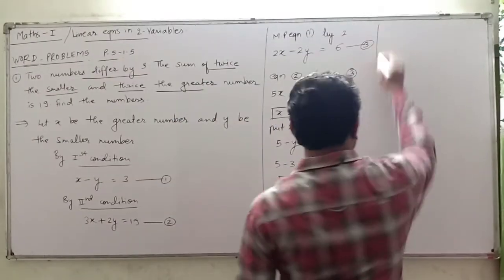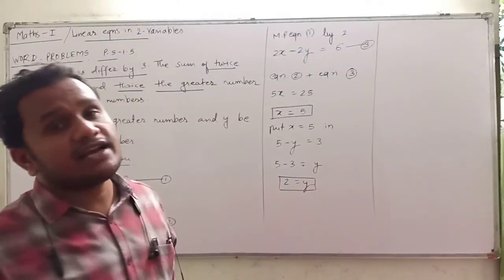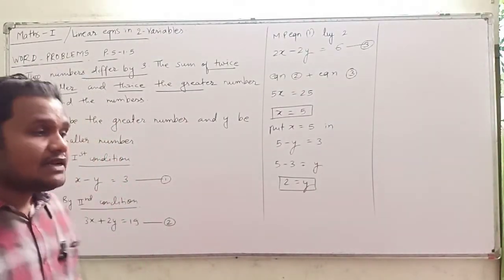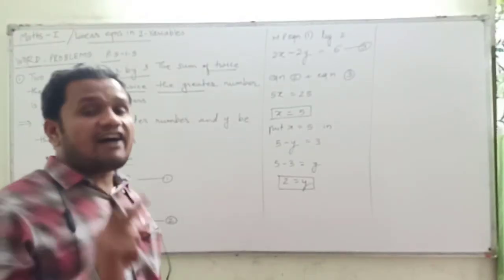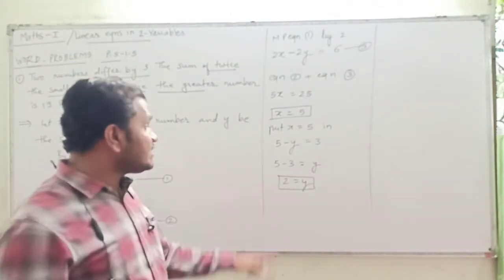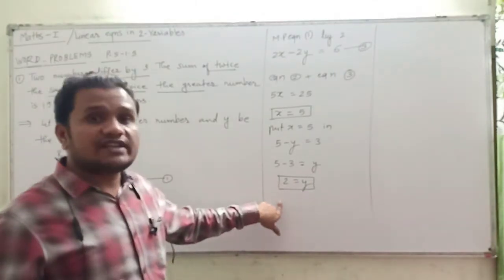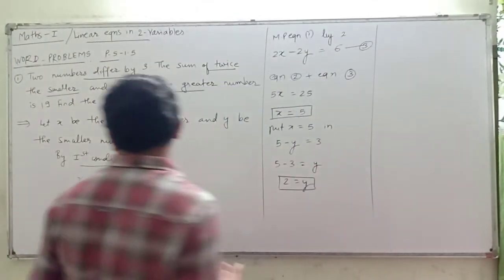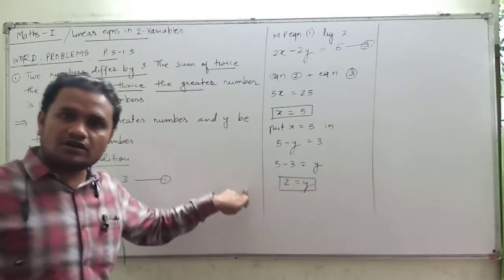As it is a word problem, you will have to write down the answer in words. The last sentence separately has been allotted half a mark. So you have to take care that after completing the question, don't forget to write down the answer in words. As they ask us to find the numbers, we got the numbers.